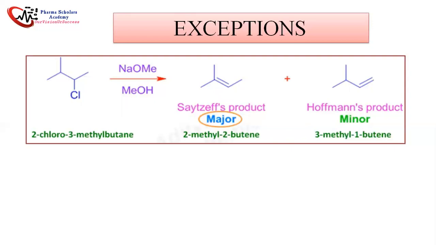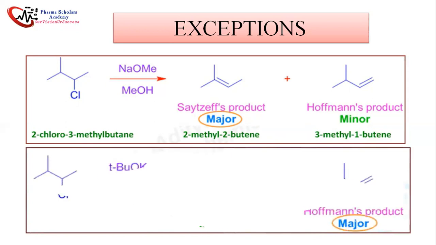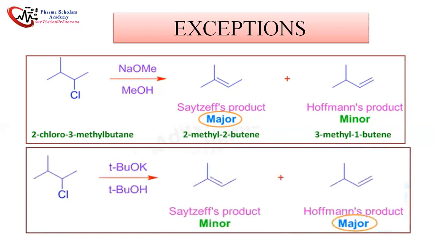But when we use a more substituted reagent, in the first reaction there is NaOMe, where Me is a methyl group. And in the second reaction, you can see that I have taken tertiary butyl. When the methyl group is replaced with tertiary butyl, which is a more substituted reagent, the exception occurs.